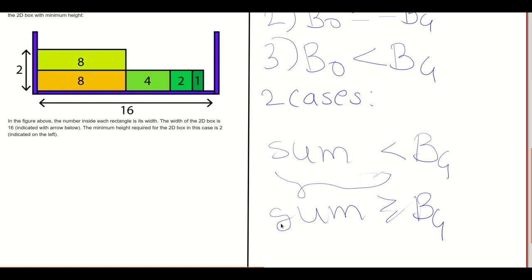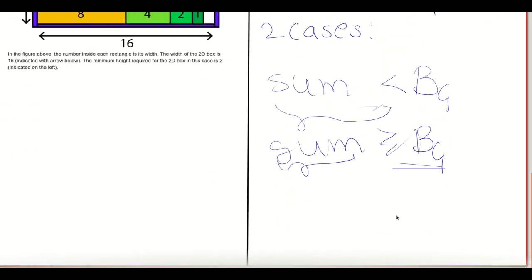Then we just proved a property above that a prefix of this sum will always equal BG. So we can select the first i elements such that they sum up to BG, and then we remove those first i rectangles and replace them with a rectangle of width BG, and we will get the same sum. So we swap them.